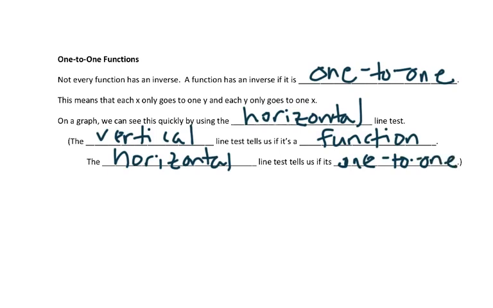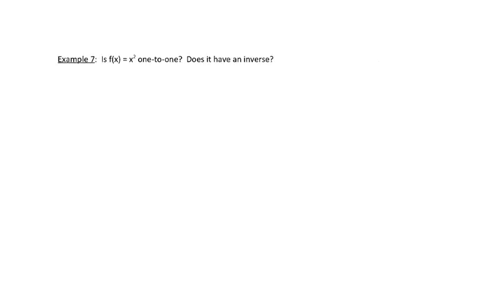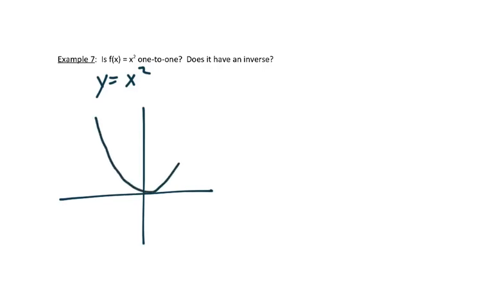So this question says, is f of x equals x squared 1 to 1. So remember, this is just the graph of y equals x squared. And we know how to graph that. We know it looks like this. Okay, it is a function, remember, because it passes the vertical line test.